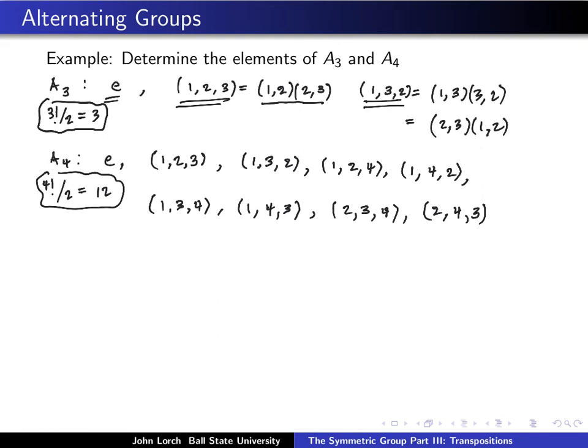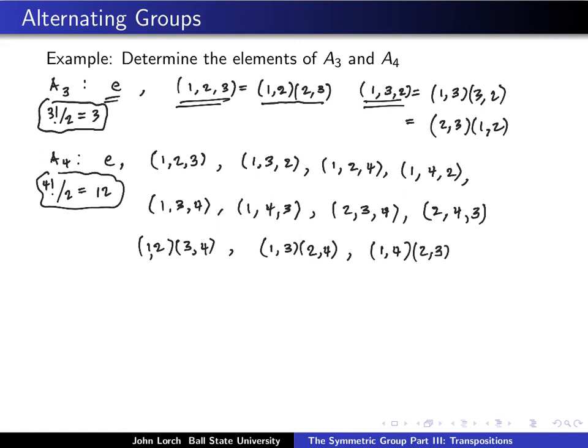So now we're going to look at products of disjoint transpositions. Like how about (1 2)(3 4). And then maybe (1 3)(2 4). And then (1 4)(2 3).